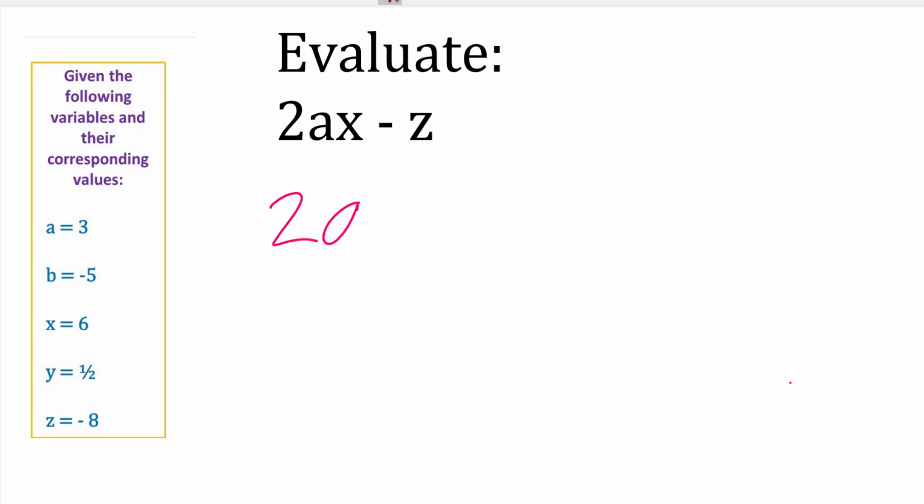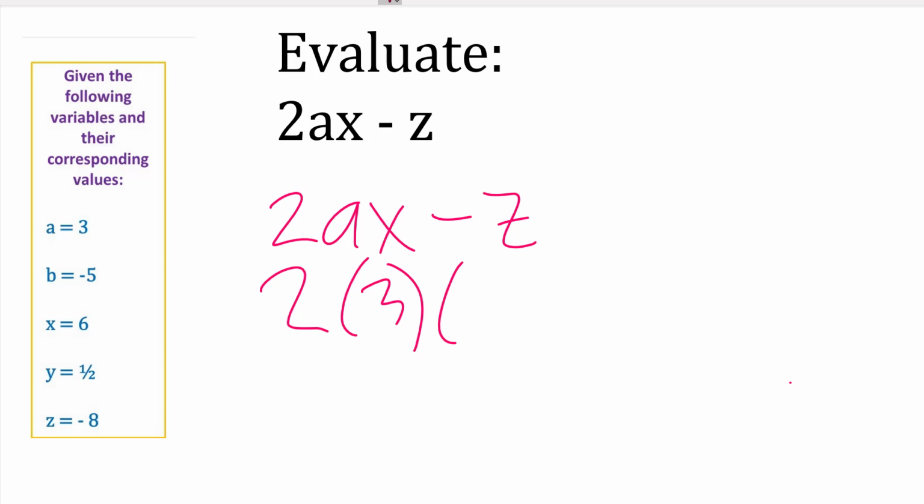So 2ax minus z. When we evaluate this, it becomes 2 times 3 times 6 minus negative 8, and we have already simplified that before. It comes out to 44.